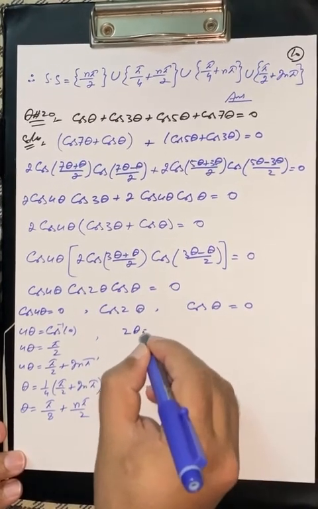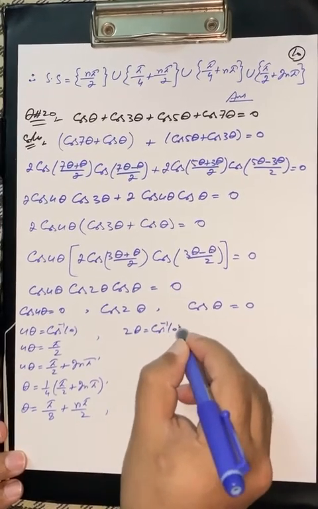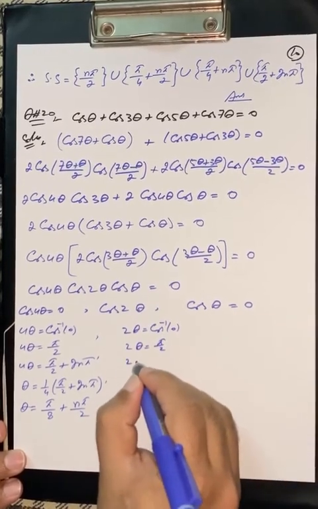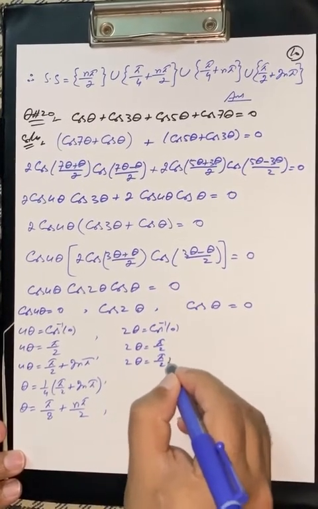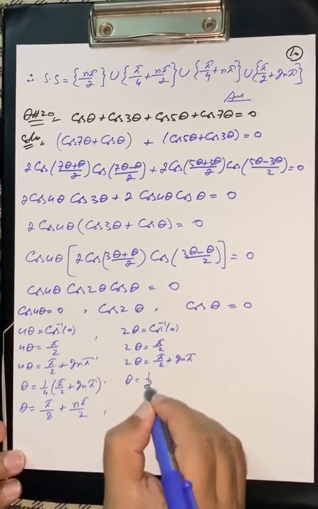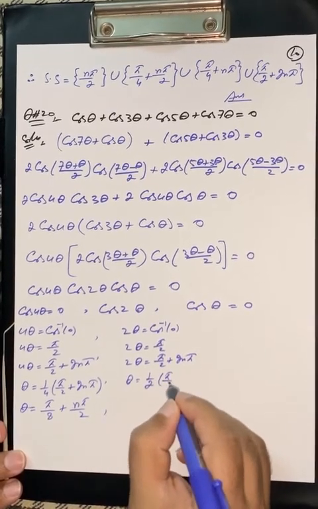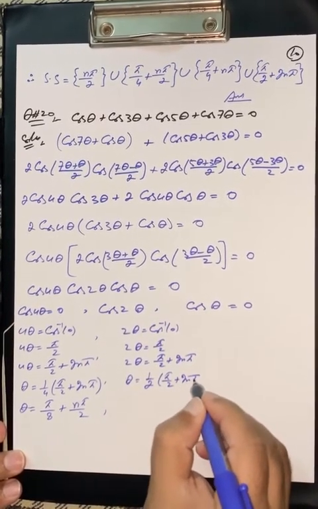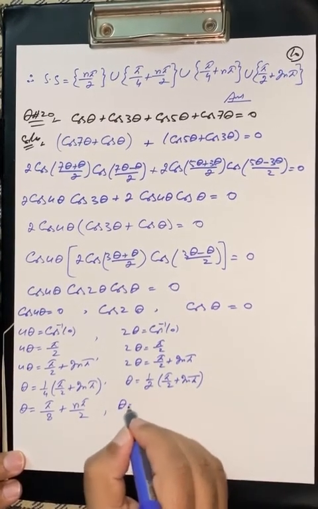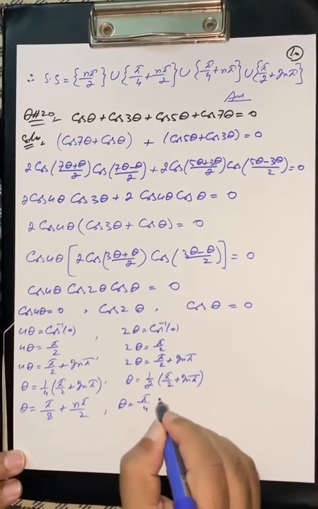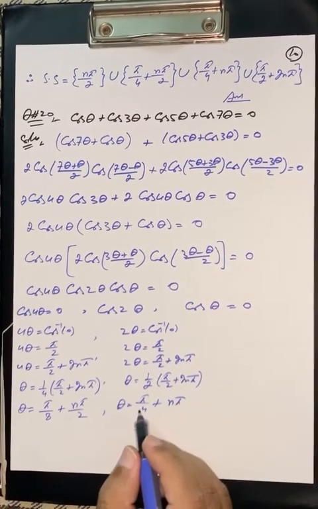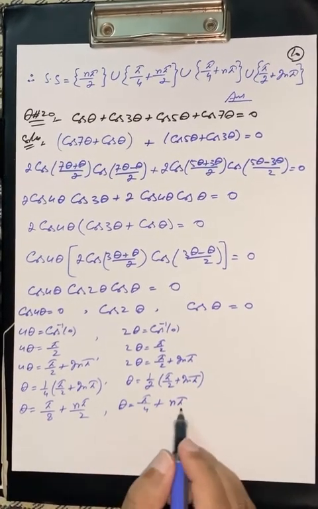So 2 theta equals cos inverse 0. 2 theta also equals pi by 2. 2 theta equals pi by 2 plus 2n pi. Theta equals 1 by 2 times pi by 2 plus 2n pi. When you multiply 1 by 2 inside, what is left? It becomes pi by 4 plus, 2 cancels, n pi left. So this is my second solution, pi by 4 plus n pi.